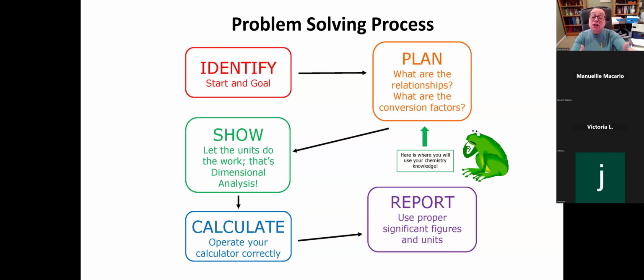We might have to hook together a bunch of the conversion factors or the relationships that we've learned, memorized, looked up. That's the thinking part, right? So that's probably going to be the long step, or the step that you feel isn't coming as quickly as the others. And that's okay. That's what it's supposed to be.